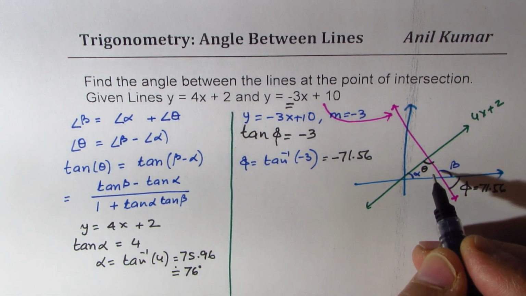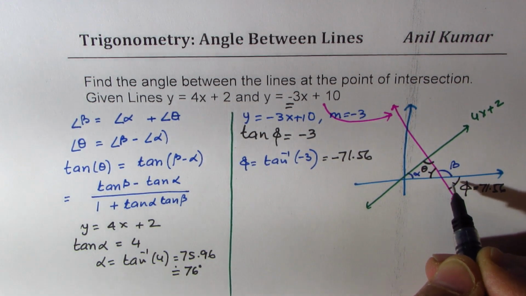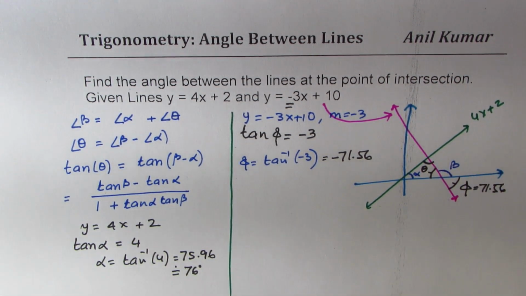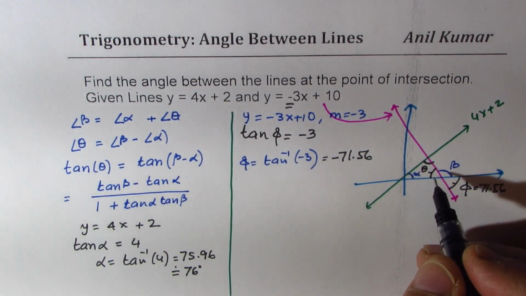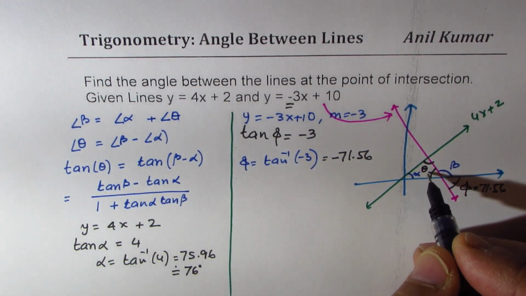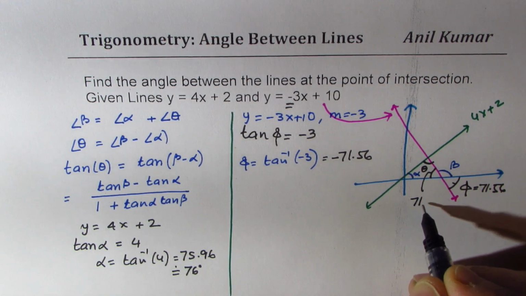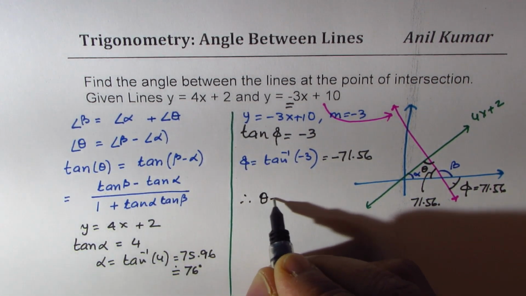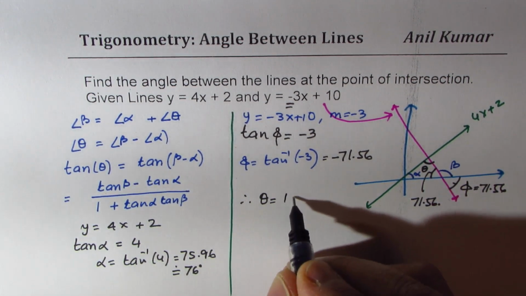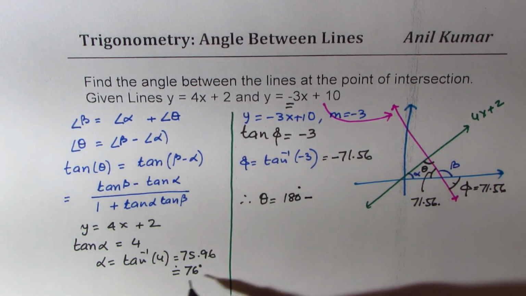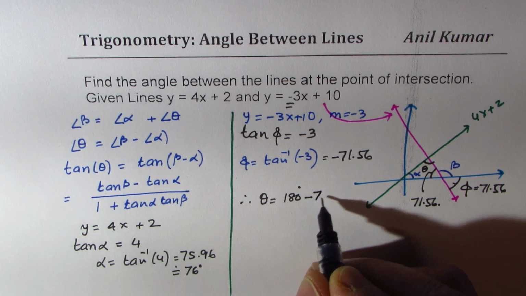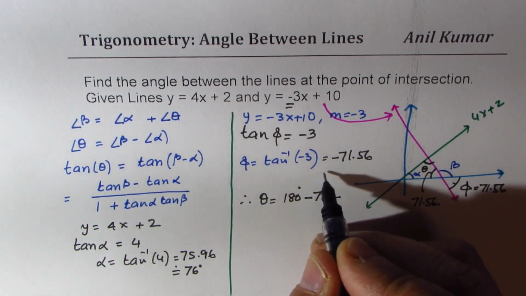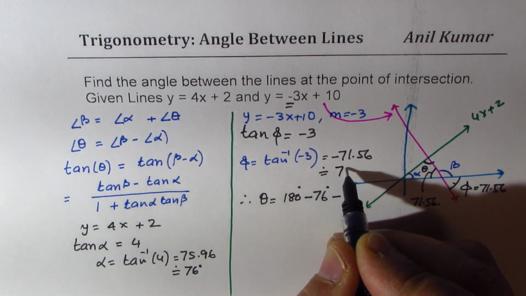Now what you can do here is write this as the same as the vertically opposite angle and then calculate the angle theta. So from here we know this angle also is 71.56. Therefore, the angle theta is equal to 180 degrees minus the alpha angle, which is 76 degrees, minus this, which I round to approximately 72 degrees.